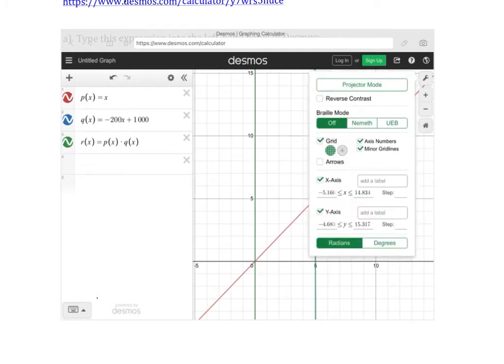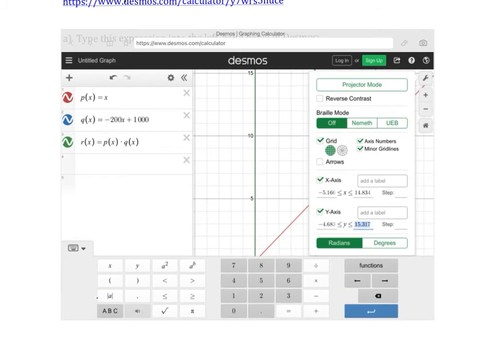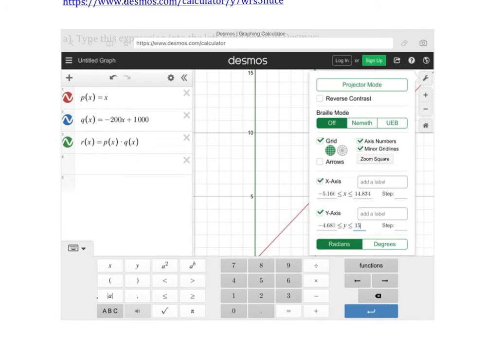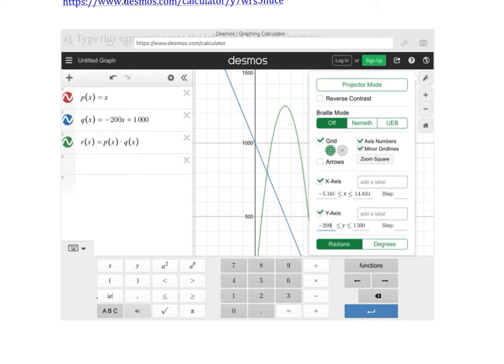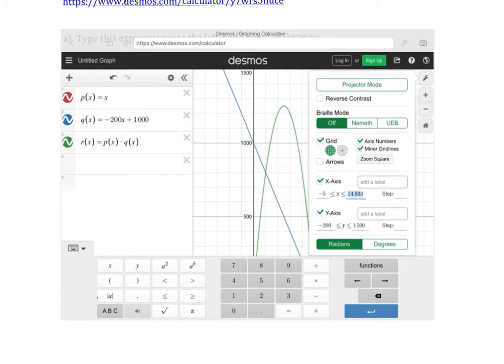We want our y values to go all the way up to about, let's say 1,500, and our y values will go down to, let's say, negative 200, and our x values will go from negative 5 up to, let's go up to 8.